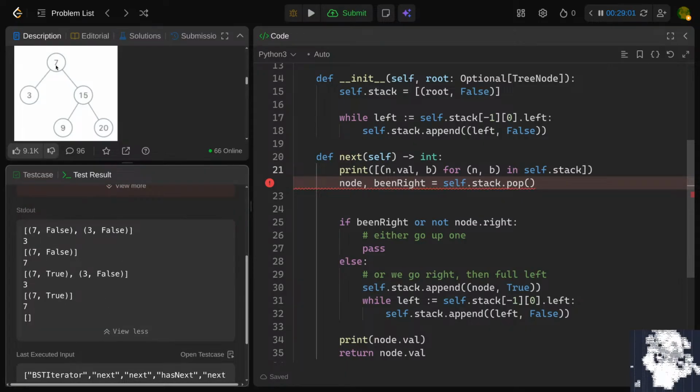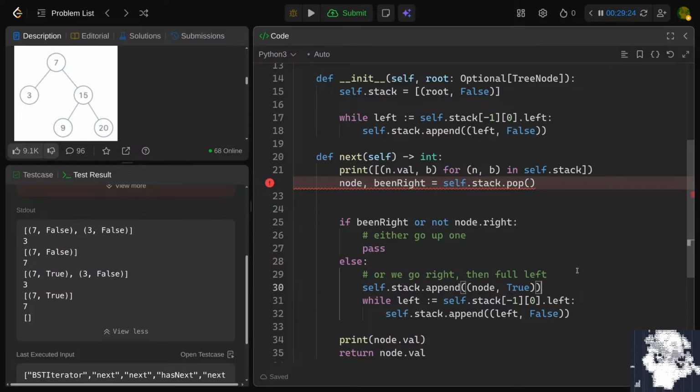So we start by saying 7 and we haven't gone right, 3 and we haven't gone right. Then the first time you call next, we return 3. And now we're back at 7 and we have not gone right. Then we return 7. Now we should be going right.